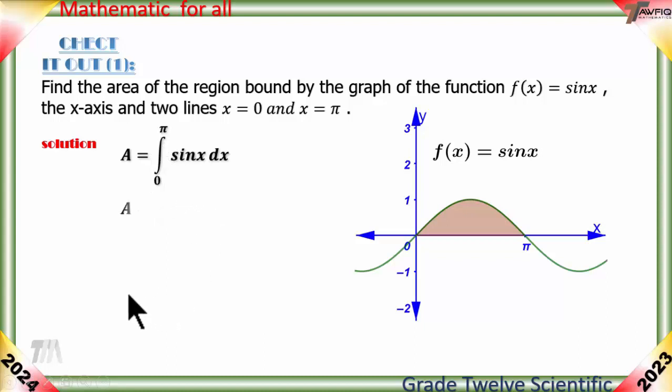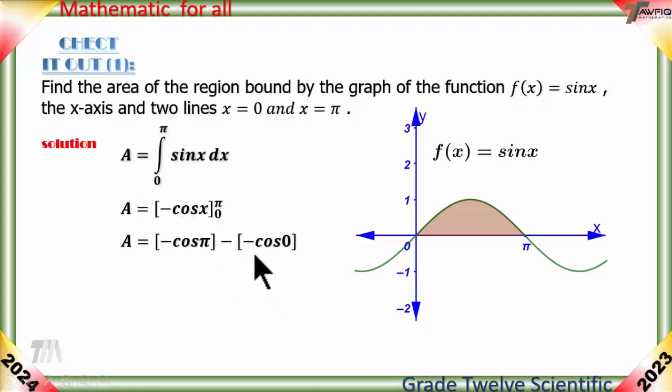It equals minus cosine x from 0 to pi, because the integral of sine x is minus cosine x. After that, we substitute pi in place of x. It becomes minus cosine pi minus, after that we are substituting 0 in place of x.